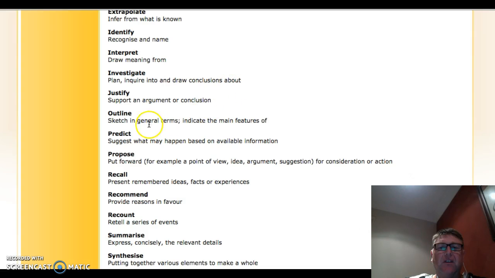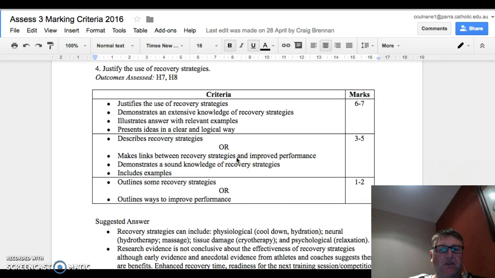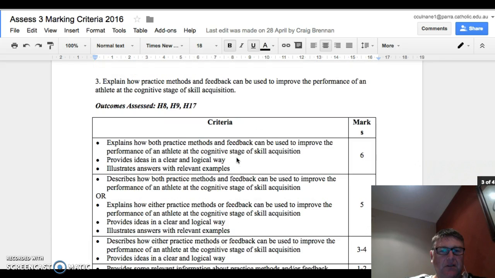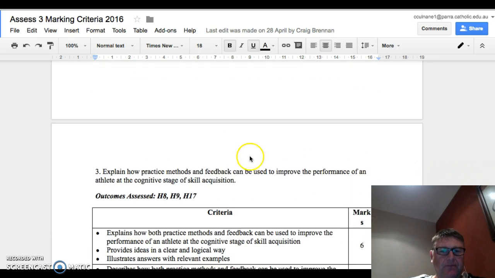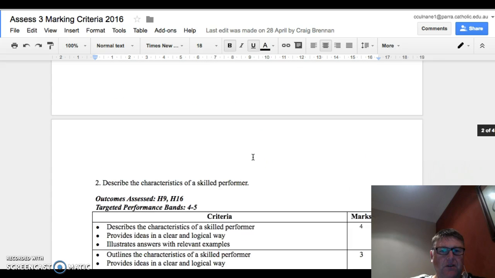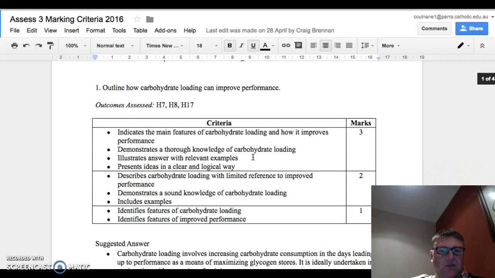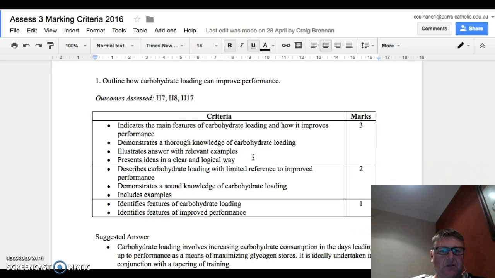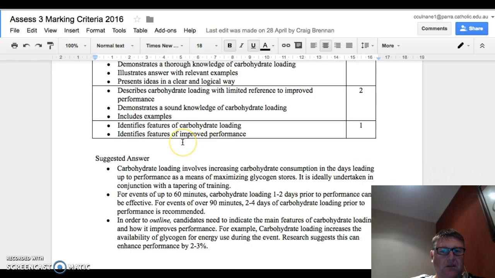The key term was outline: sketch in general terms and indicate the main features of. So you needed to look at that in your response, and most people were able to do that really well. If we have a look at the marking rubric for this question, for you to get in that top bracket, 3 marks, you need to do these things here.